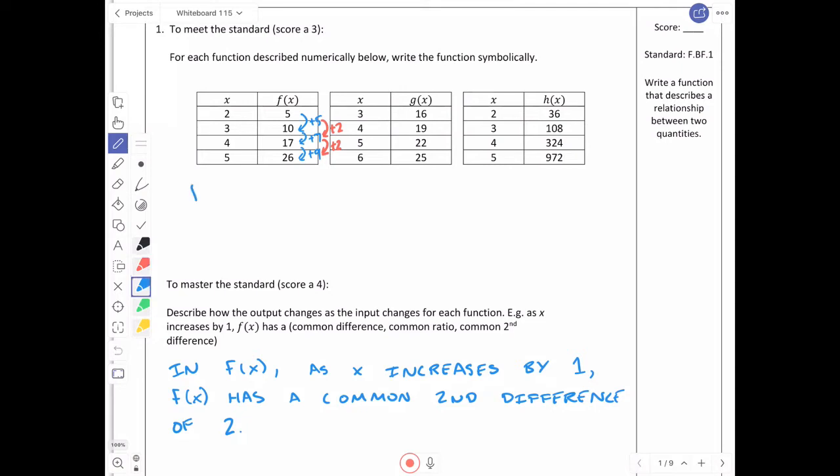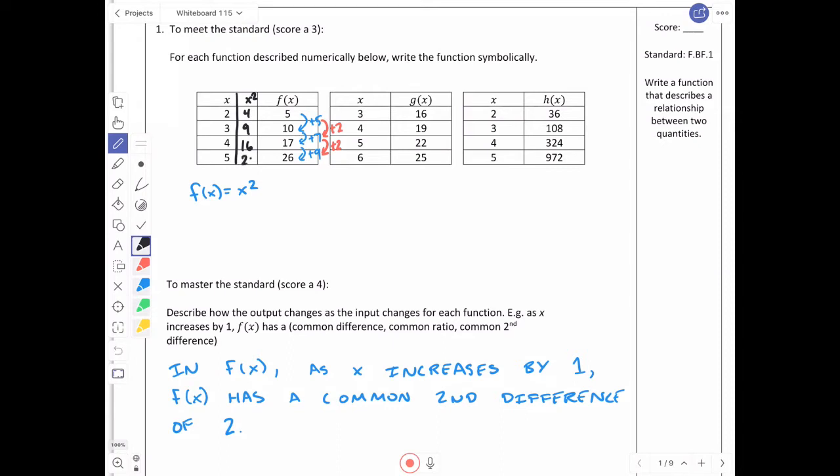So I know that f of x is going to be an x squared. I'm going to add a little column here and say I know it's x squared. Let's see, 2 squared would be 4. 3 squared would be 9. 4 squared would be 16.